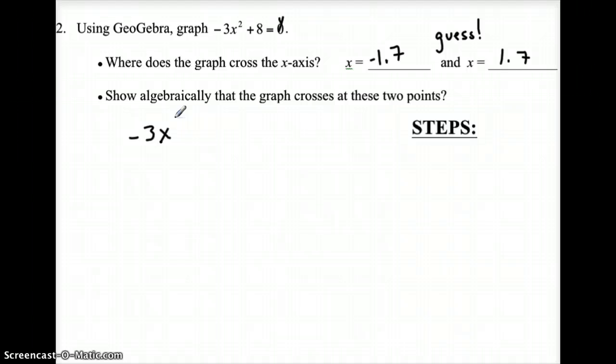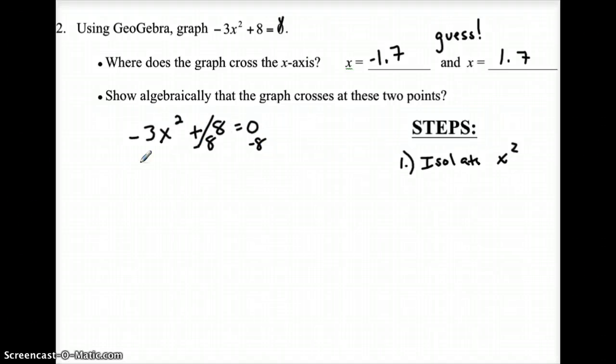Let's algebraically find the exact value of where we're crossing. So when I take this equation and set it equal to 0, again the first step is to get that x squared alone. Isolate x squared. To do that, I'm going to subtract 8 from both sides first. I want to undo any addition or subtraction first when we're solving.